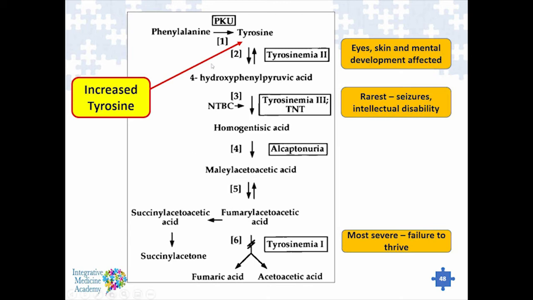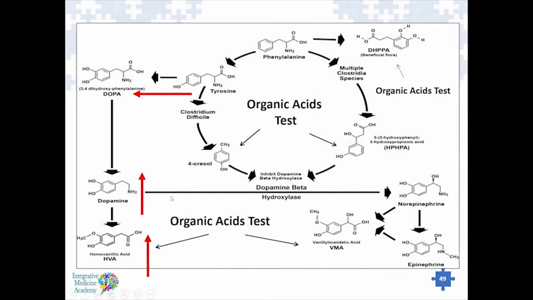But I want to bring something up here, because one of the things that tyrosine leads to is support of mitochondrial function, through acetoacetic acid and fumaric acid. So it has a direct route to supporting mitochondrial activity. But if our tyrosine is being blocked somehow and we start to have an accumulation of tyrosine, that can show up sometimes on the organic acids test.